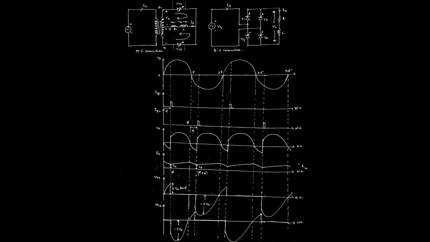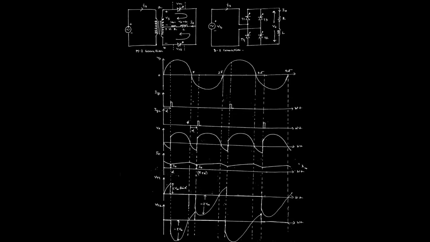That is why the direction of the current remains the same. As well as in case of voltage, when T1 and T2 conducted, the polarity of the load voltage was positive and negative. And when T3 and T4 start conducting, in the same way, the upper part of the load voltage will be positive and the lower part will be negative.